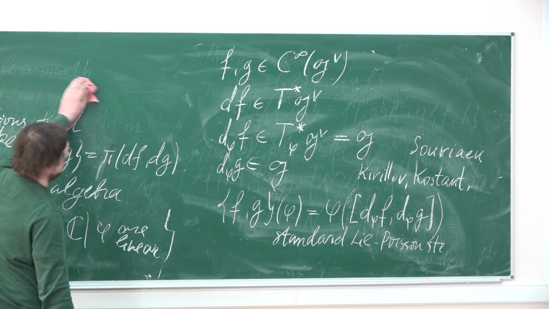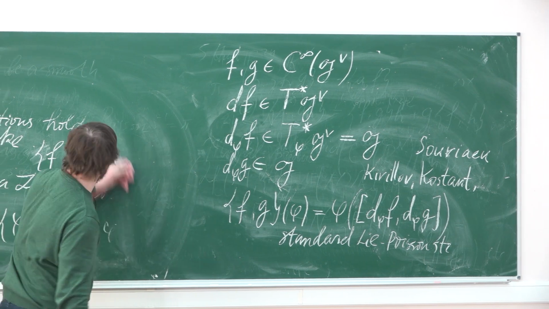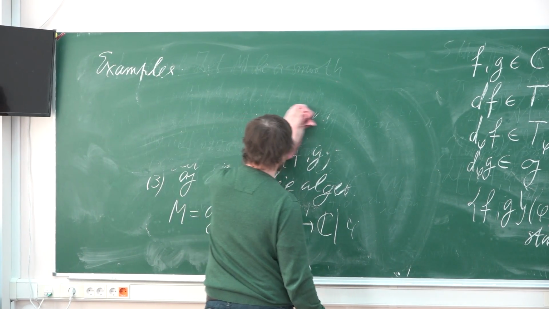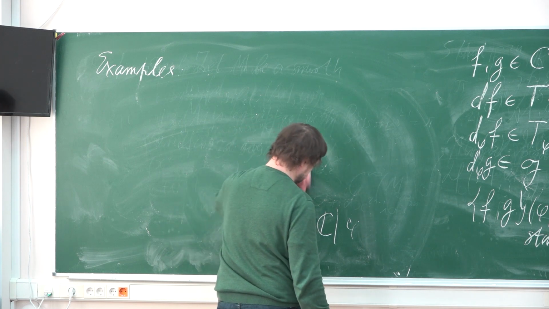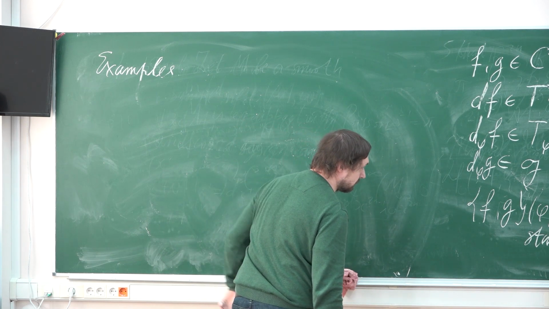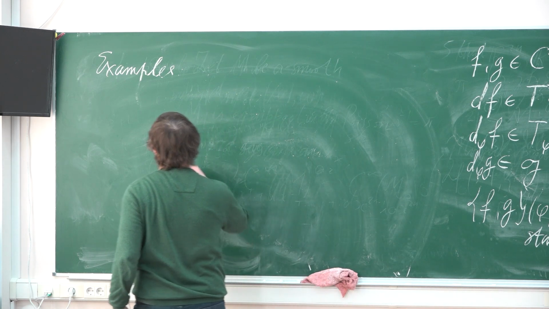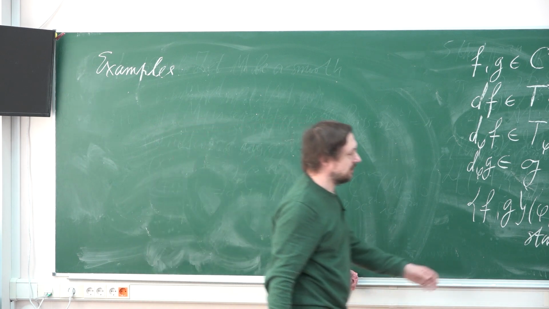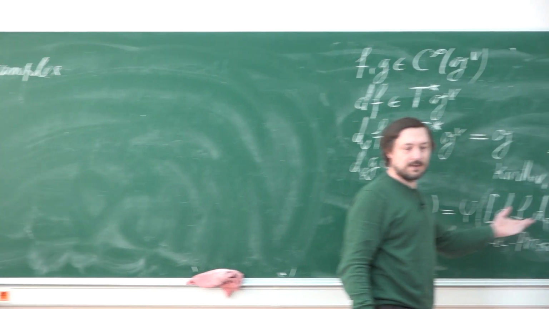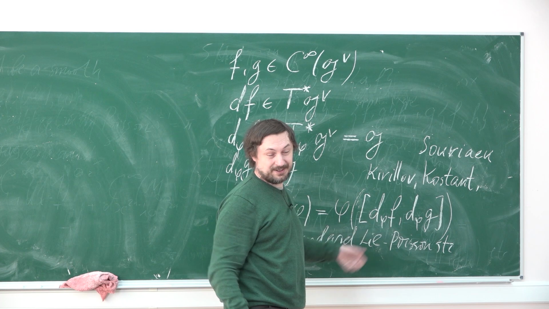So let us prove that this is indeed a Poisson structure. It's not very hard, so let us do this. So first, the skew symmetricity is evident, right? Nothing actually prevents it from being skew symmetric, right?